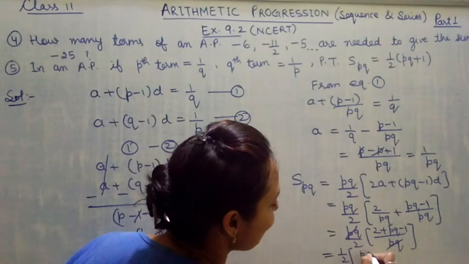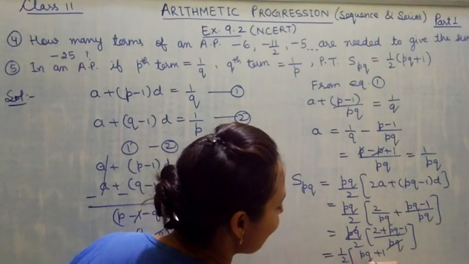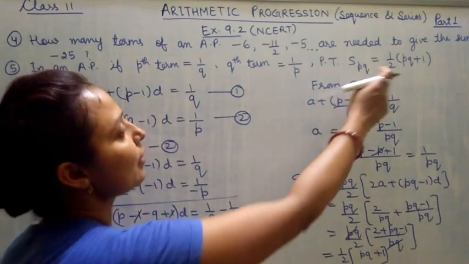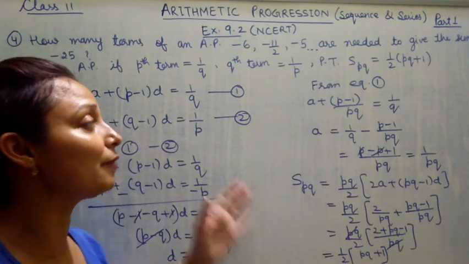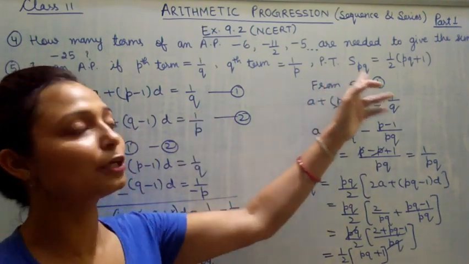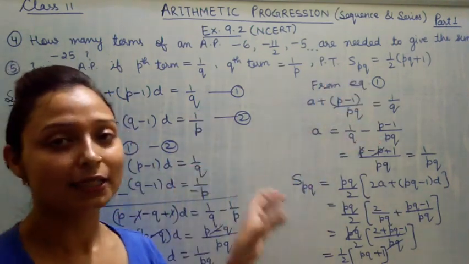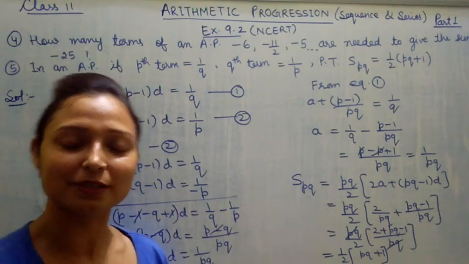So we get half of (pq + 1). This is the value we had to find, the required value. In this way we can find the value of S pq by using a and d. Do practice of this type of question. Thank you.